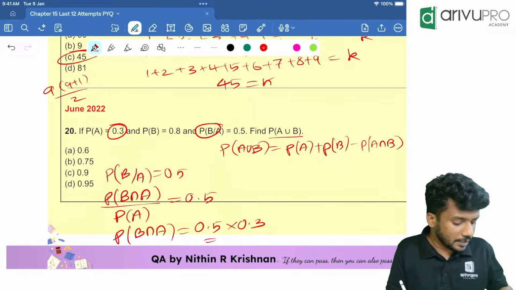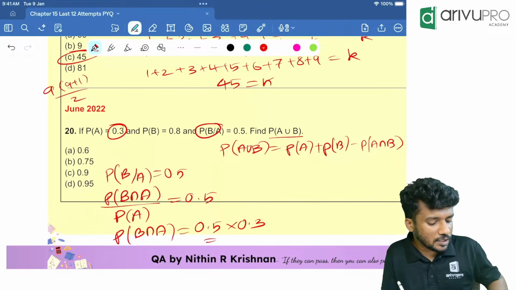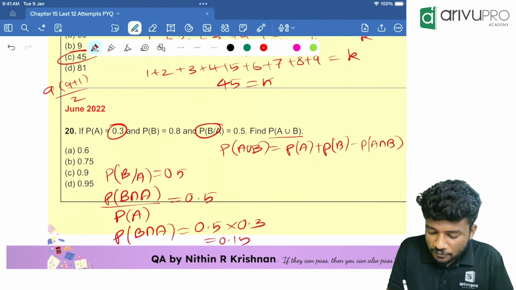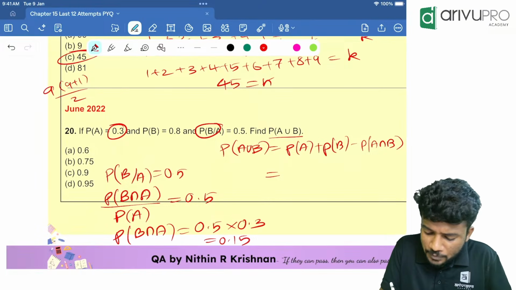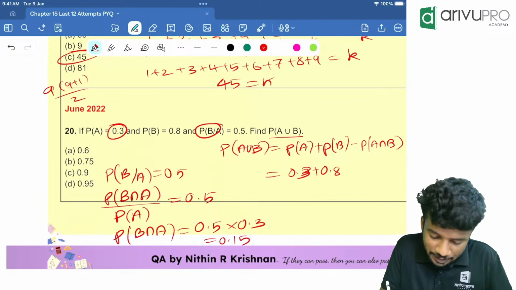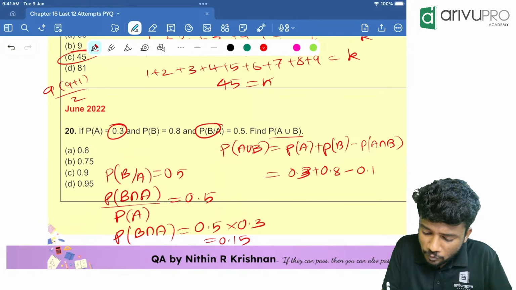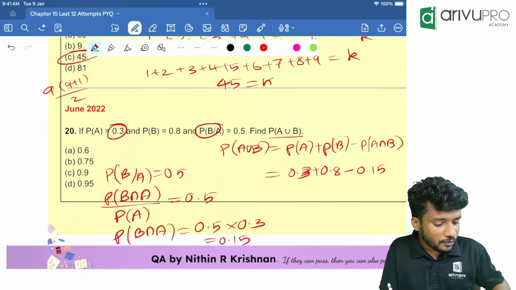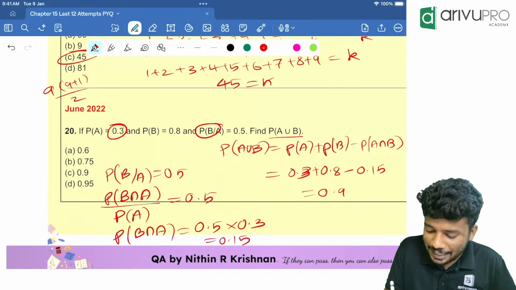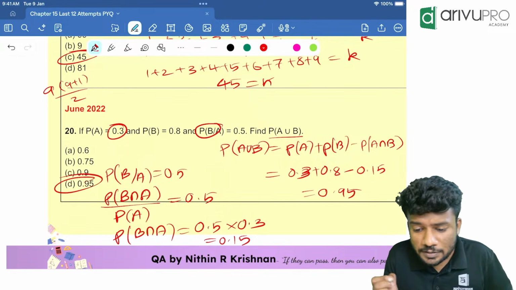Cross multiplying it, 0.5 into 0.3 is 0.15. So substitute everything over there and get the answer. P of A is 0.3 plus 0.8 minus 0.15. Take your calculator. 0.3 plus 0.8 minus 0.15 is equal to 0.95. Option D is your answer.